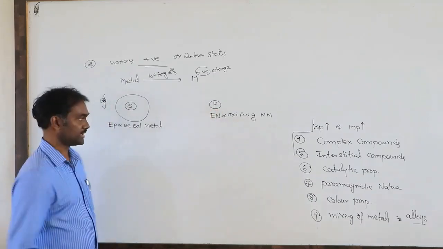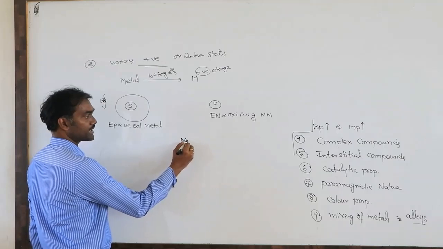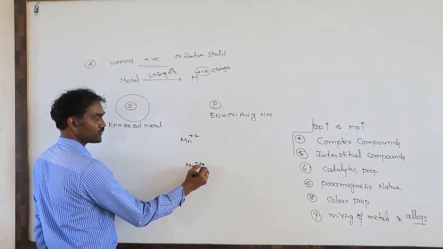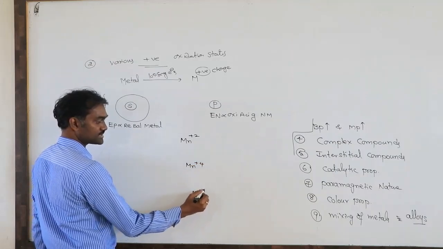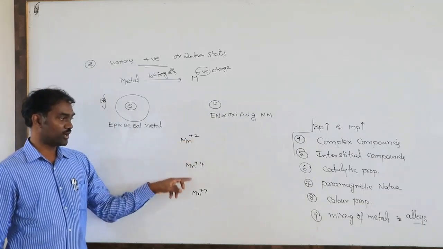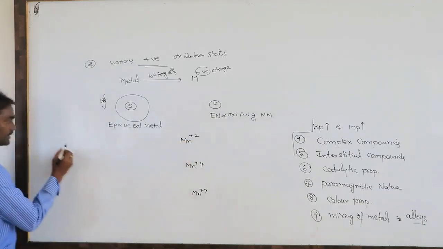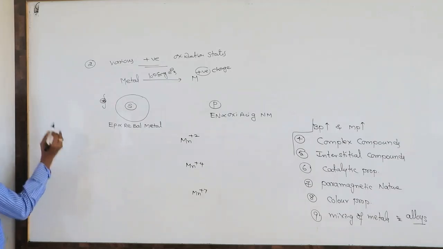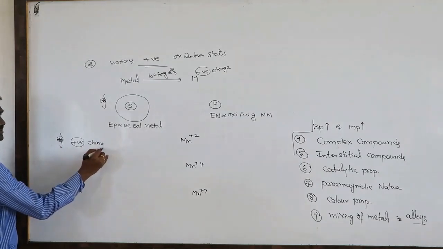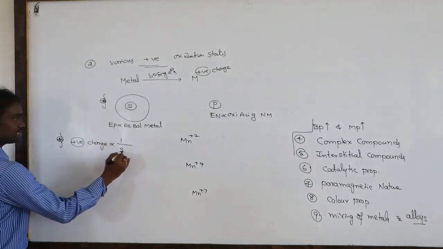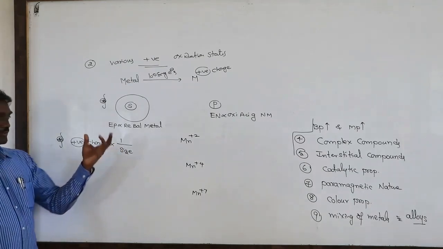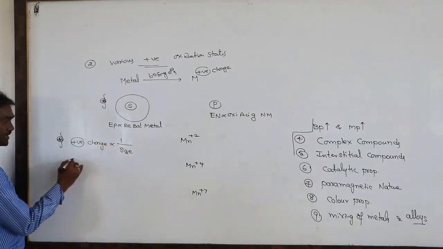See, suppose you take manganese: +2 is there, +4 is there, and +7 is also there. See, positive charge increases. What happens to the size? That is basic knowledge: positive charge increases, size decreases. This you must also learn in your first year, periodic table and its properties.